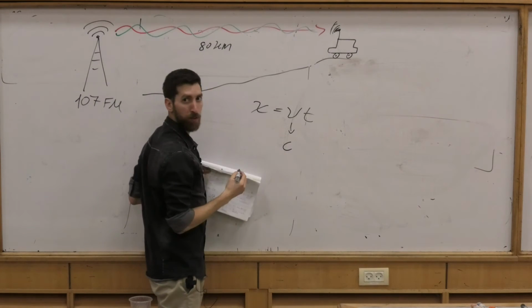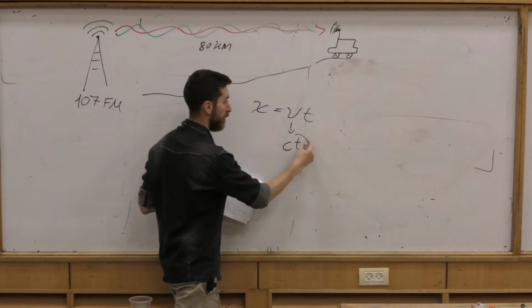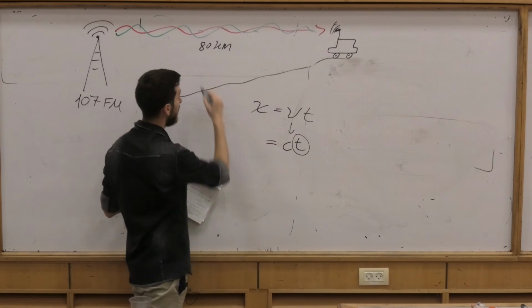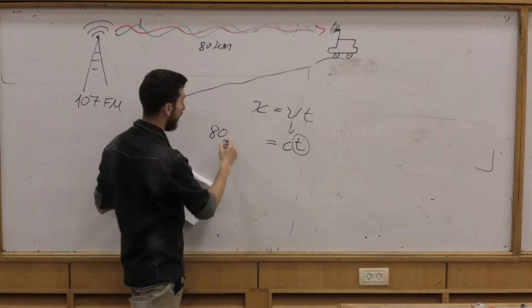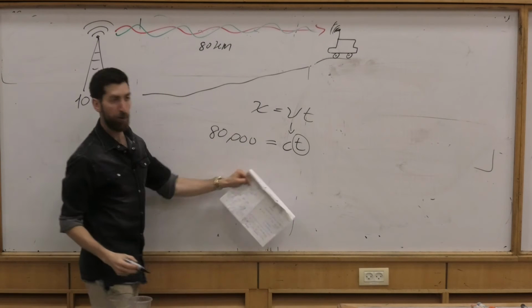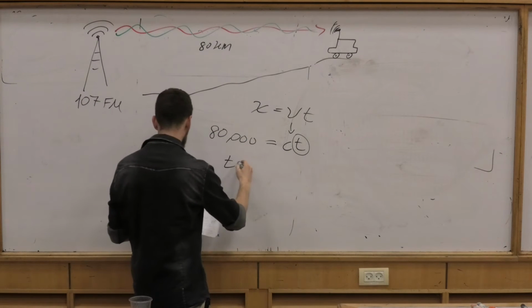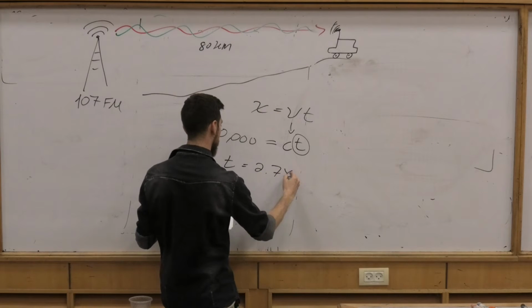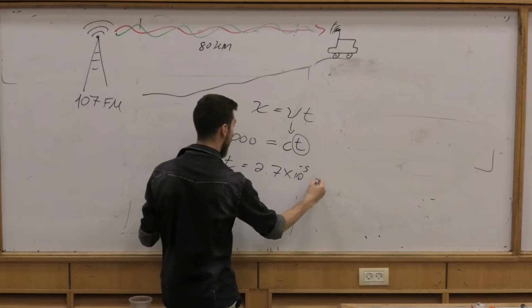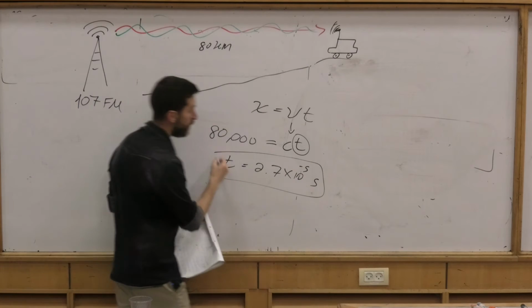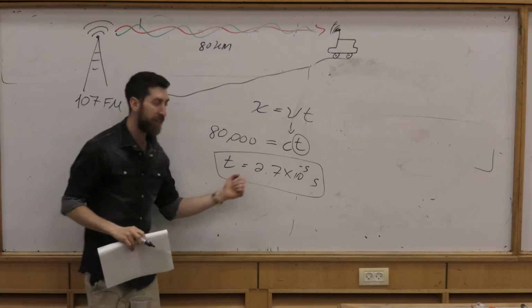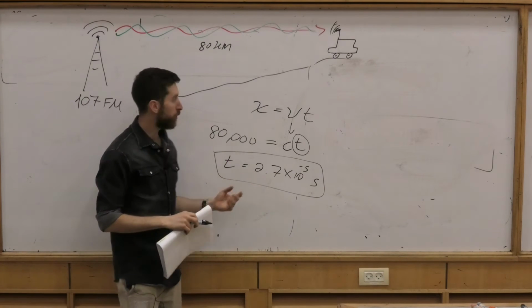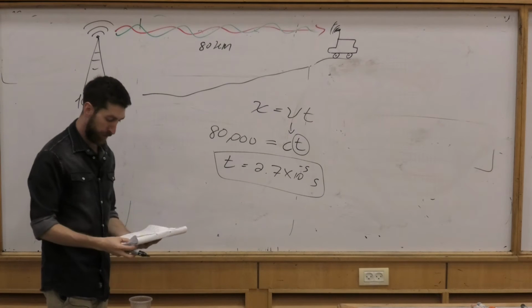Waves move at the speed of light. t is the time we want to find, and x is this distance, 80 kilometers. So the time is going to be really short, 10 to the minus 5 seconds. Really short, okay? You can't blink in this time.